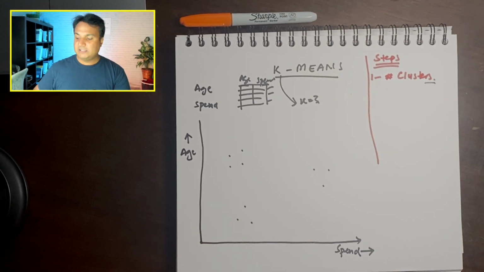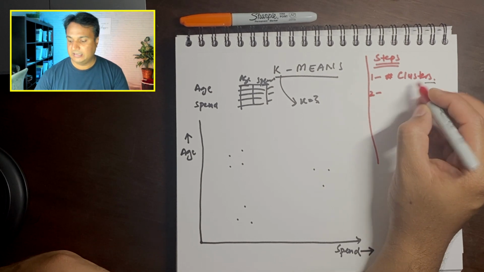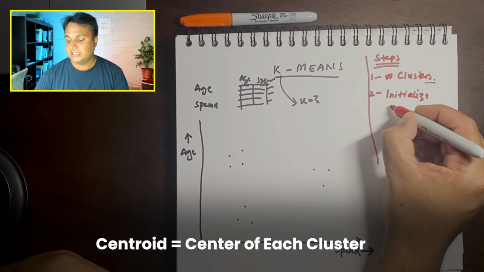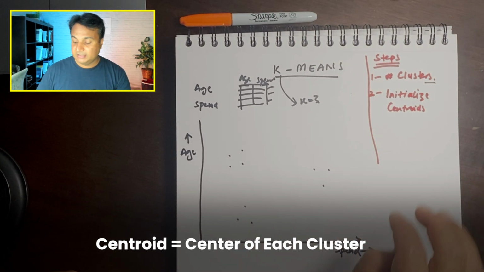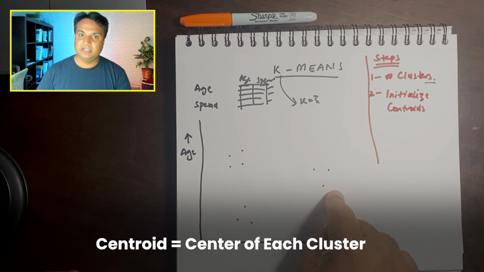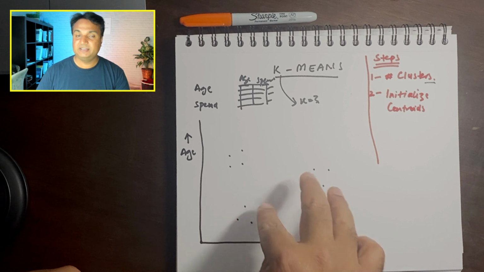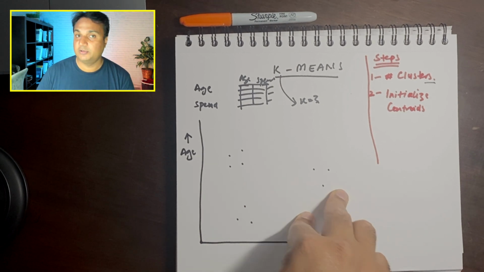So once we have decided on the number of clusters, the second step of this machine learning algorithm is that we initialize the centroids. And for that, we randomly pick 3 data points from this and initialize them as different clusters. So let's say since our k value is 3, we'll be picking 3 random data points from this and use them as our centroids for our 3 clusters.